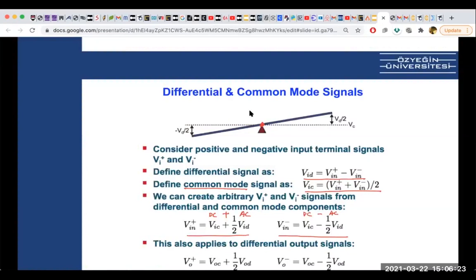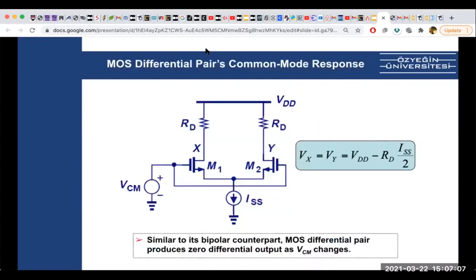So I explained to you these differential and common mode signals. V1 and V2 can be written with respect to a common mode signal and a differential signal, okay? A common mode signal and minus differential signal. As you can see in this slide, if we apply a common mode to this node and to this node, this is only a DC signal. This tail current is the main current that assigns the current to these branches.